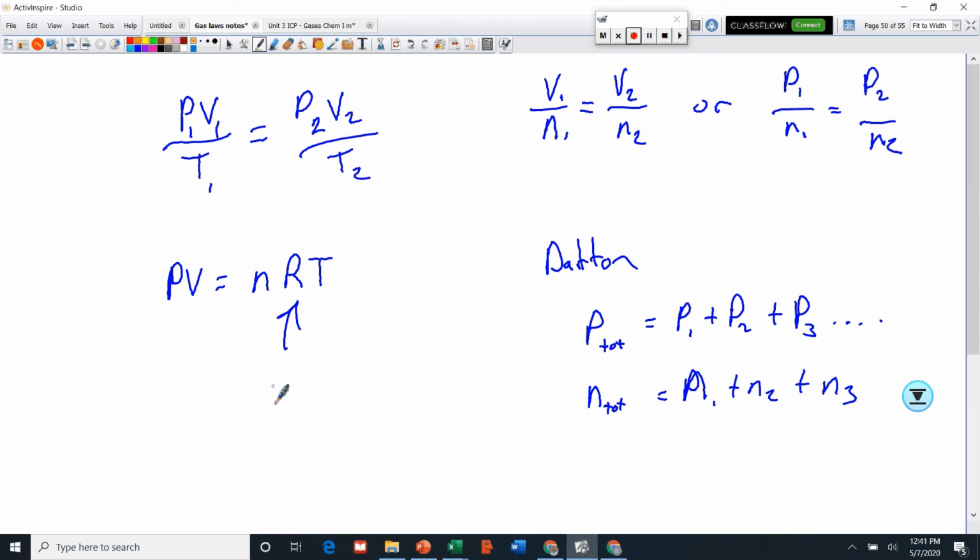Just remember that R is a constant. R is 0.0821 liter atmospheres over mole Kelvin. And then also remember that pressure should be in atmospheres on this. Volume should be in liters. And then temperature is always in Kelvin no matter what you're using.